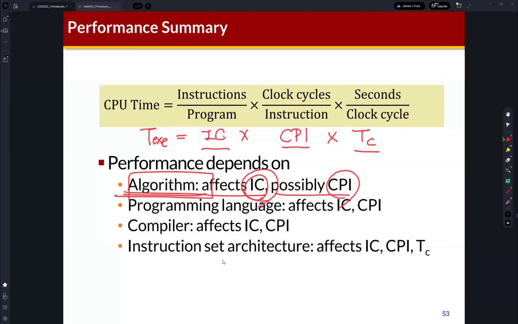So instruction count primarily depends on the software part, the application part. And programming languages such as C or Java and some other languages also influence instruction count and CPI.